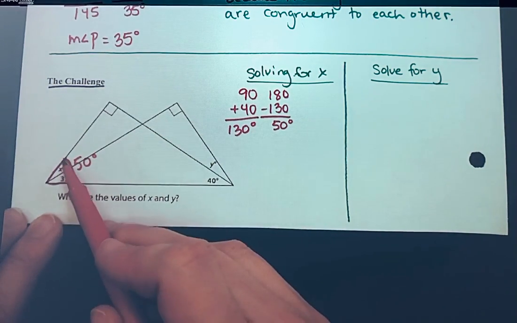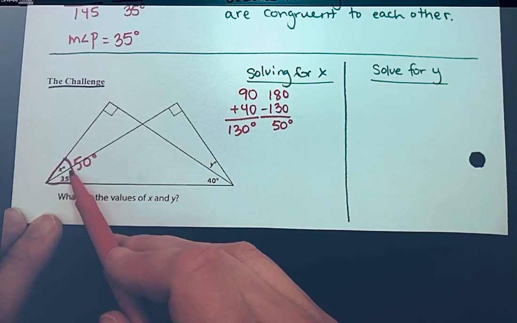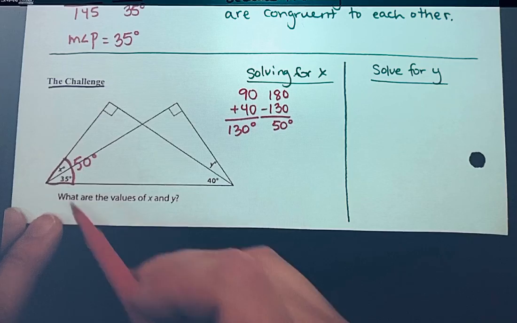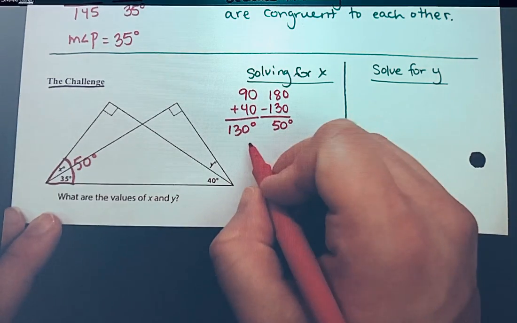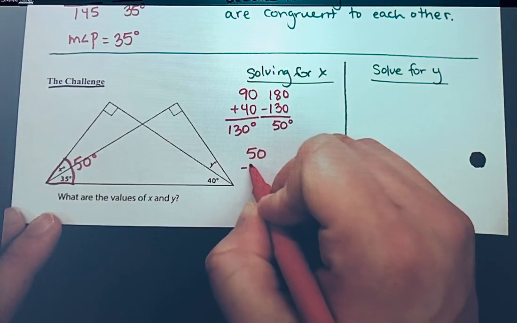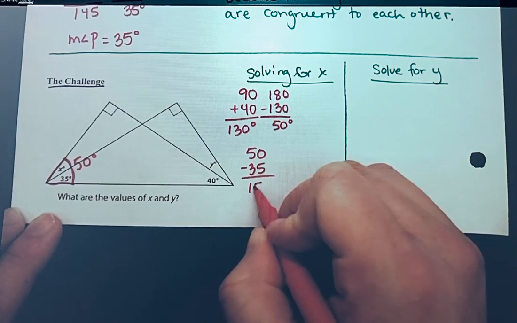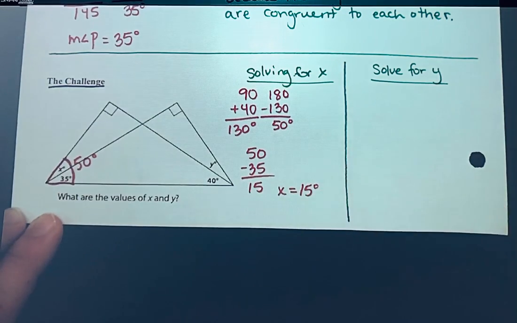So if I know this whole measurement is 50 degrees, and I know a piece of it here is 35, how can I figure out what x is? Well, one last step is to say 50 minus 35 gives me 15. So x is 15 degrees.